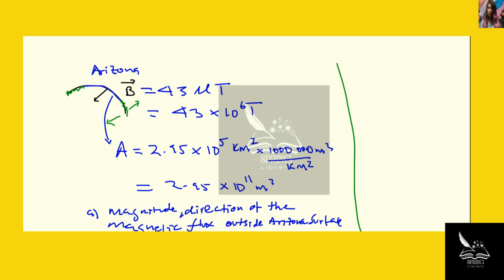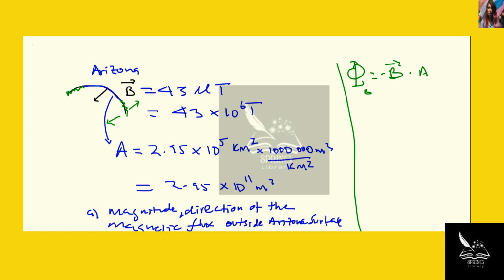So the first thing we're going to do is find the flux through Arizona. That's B, times the area itself. But remember, through Arizona the flux is negative, since we're given that the magnetic field is pointing downward.